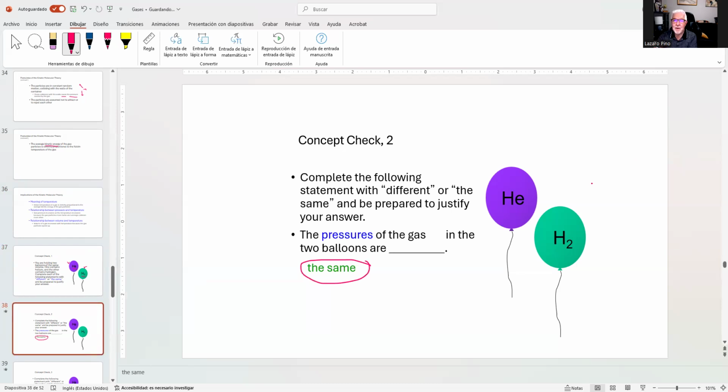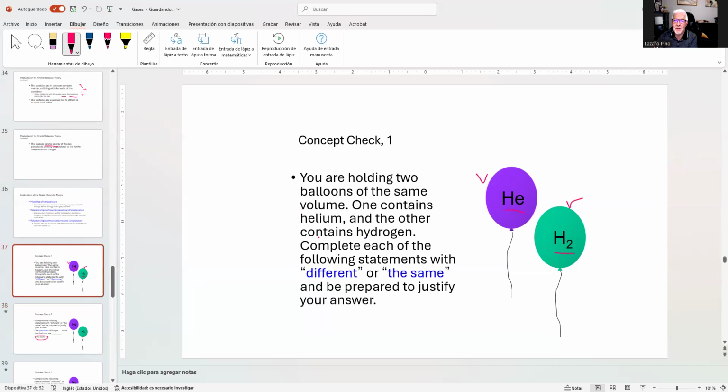Because remember, we said that the two balloons have the same volume. Then volume 1 is equal to volume 2.